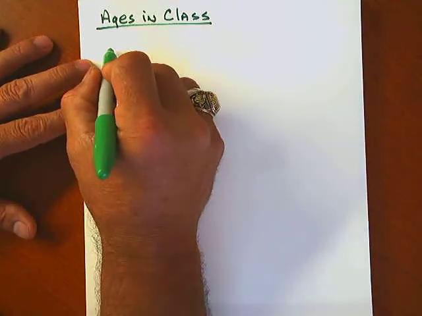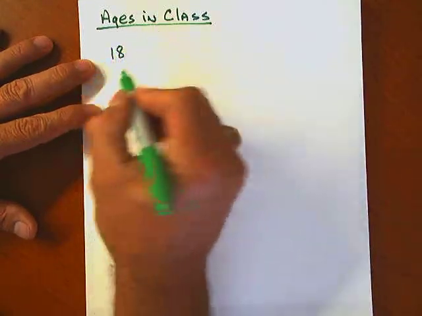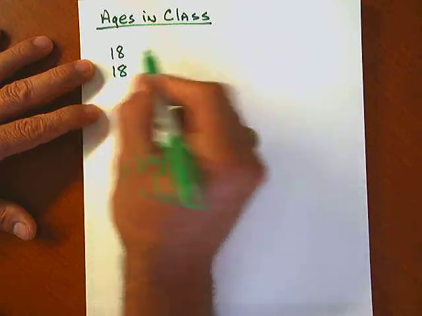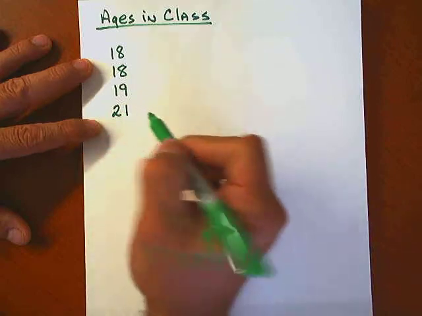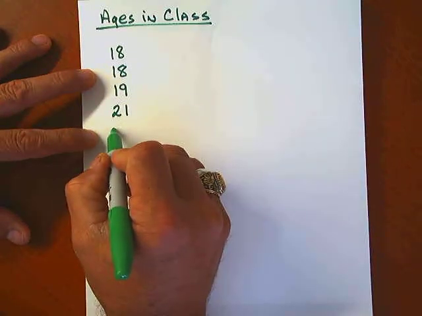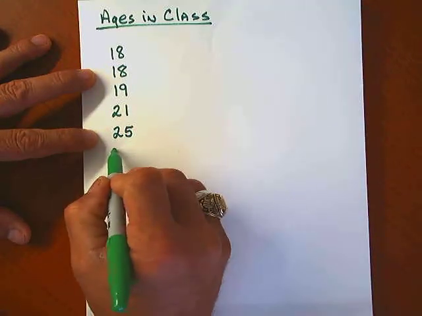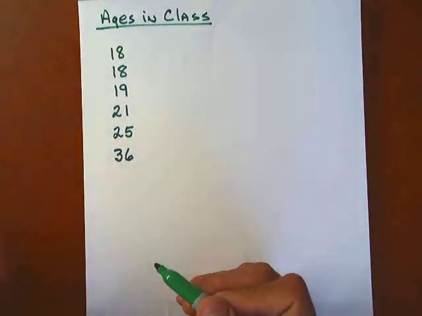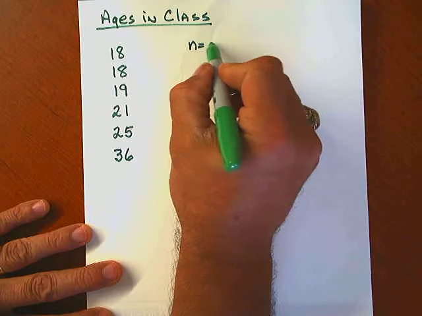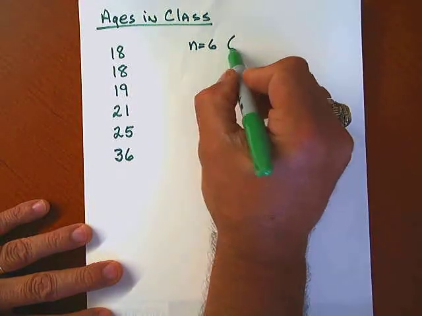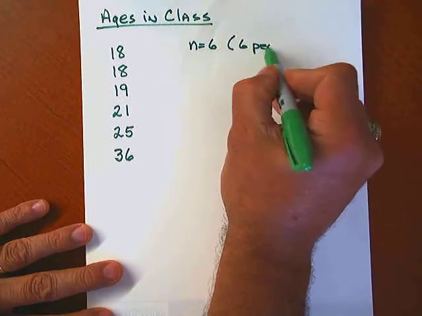And we've got 2 18-year-olds, a 19-year-old, a 21-year-old, 25-year-old, and a 36-year-old. 6 people in class. So n is equal to 6 because there's 6 people in the class.